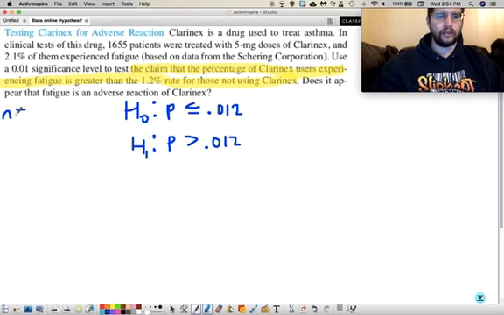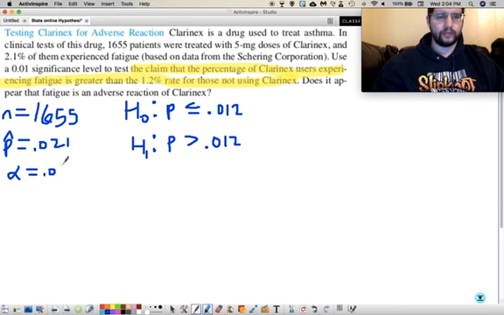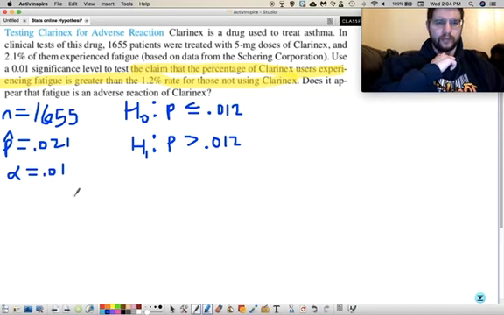So n, let's go back and get all of our data, our statistics really. 1,655 patients, 5 milligram dose of Clarinex, who cares? And 2.1% of them experience fatigue. That's p hat. Again, write it as a decimal, 0.021. The significance level is 0.01.